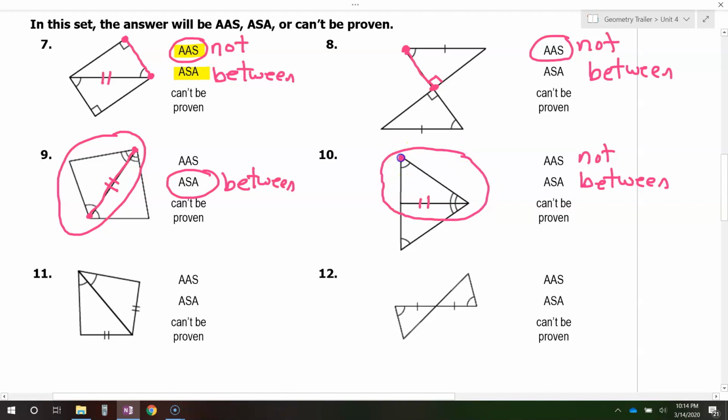All right, let's put a dot on one angle that is marked. Here's the other angle that is marked. If I connect those two dots, I am tracing the side that is between the two angles. But the marked side is something else. It is not between. So that's why I know this will be angle, angle, side.